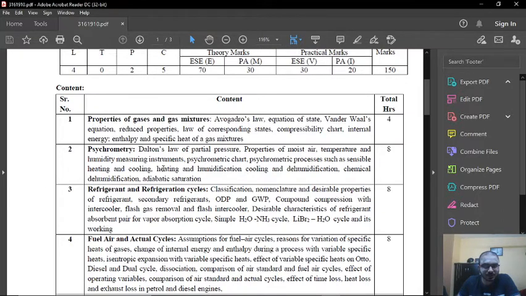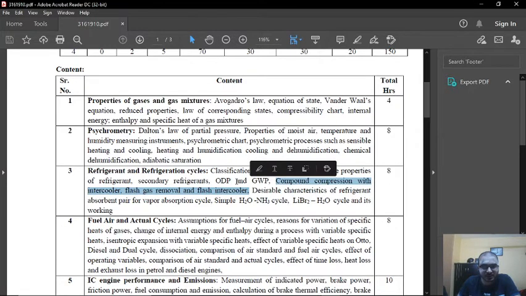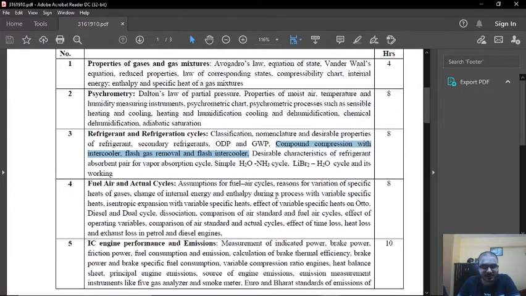Psychrometry is over. Regarding the third chapter, that is refrigerant and refrigeration cycle, we have completed compound compression with intercooler, flash gas removal and flash intercooler, and we are left with the remaining topics that we are going to finish now, in the upcoming 3 to 4 lectures.